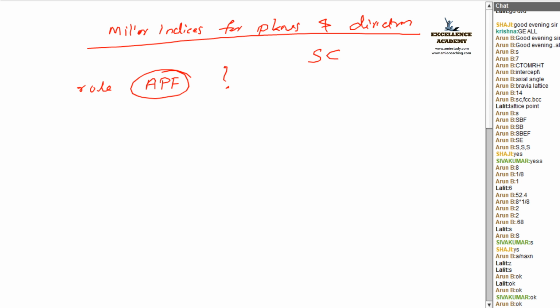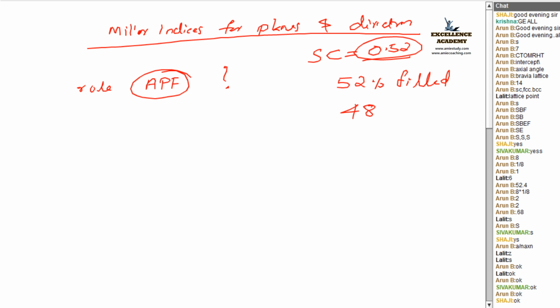I told you that for simple cubic, it is 0.52. The meaning of this is that 52 percent is filled, am I right? And I got the answer that 48 percent is free. So what is the benefit?